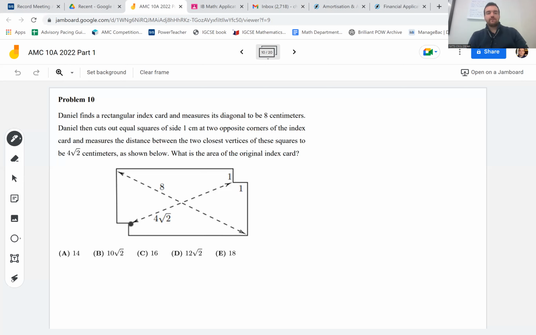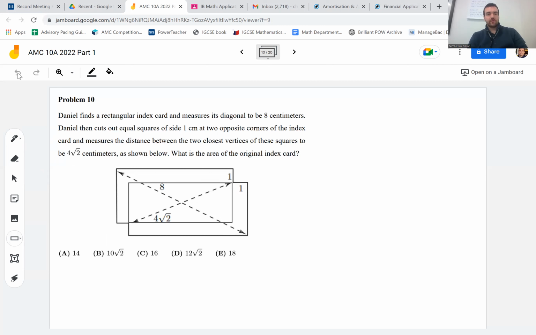Okay, so what I did for this one was I sort of looked at this. I think originally I did this problem in a much better way, but the truth is I kind of forgot how I did it, so I'm looking at it a different way. I looked at this inner rectangle here.